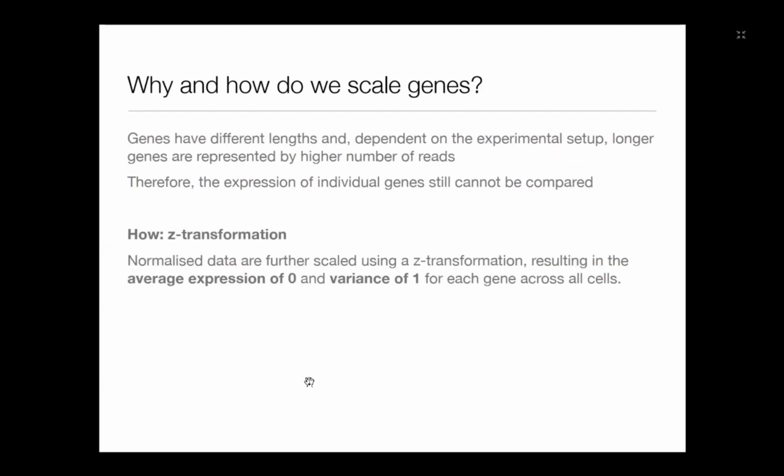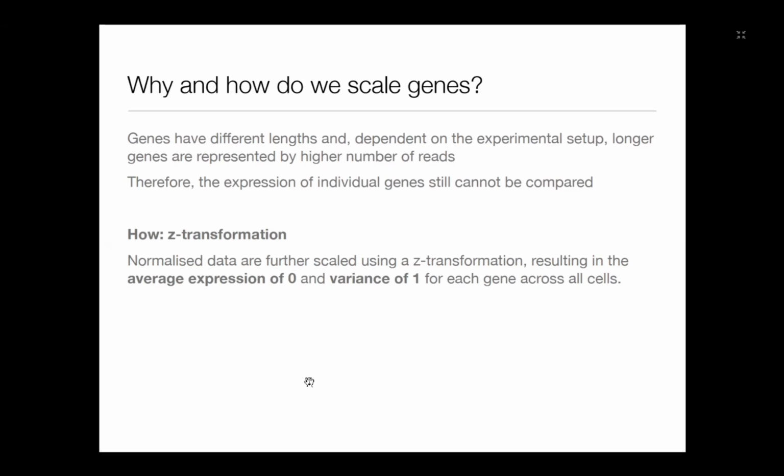In the second step, we have normalized the data so we can compare gene expression profiles between cells. But we can still not compare gene expression profiles between genes. And one reason is that genes have different lengths, and depending on the technology we use for sequencing, they get a higher number of reads by definition.